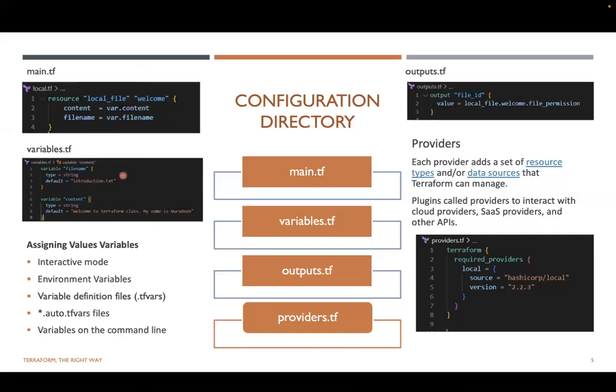Once this is provisioned, it will pick the particular tfvars that is peculiar to each team and create different files for them. Then variables via the command line is passing the variable through the command line. So these are the different ways that you can assign variables to Terraform.